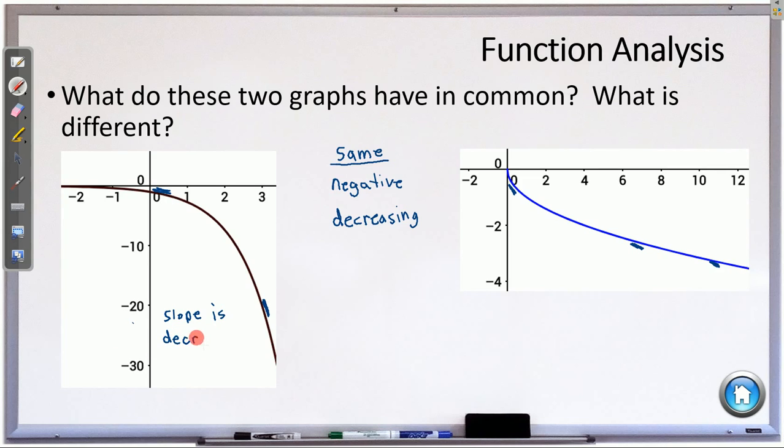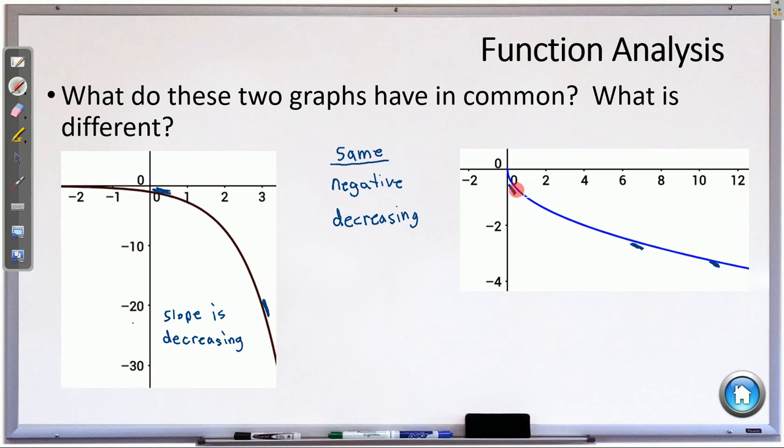I know that the overall magnitude of the number is getting bigger, but a bigger negative is smaller. So the slope is decreasing, which I know I have not let you say that sentence before because it means something very specific, and we're going to take a look at what that specific characteristic is.